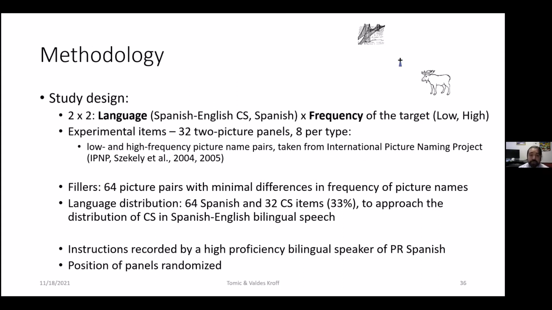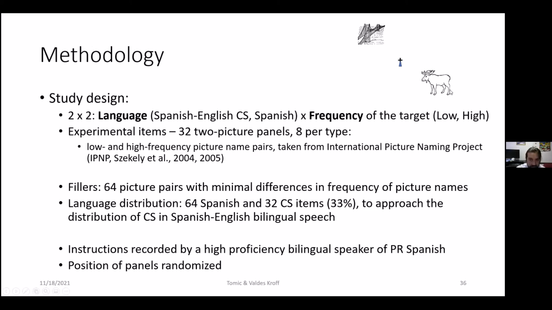In this case, we're operationalizing predictability as lexical frequency. There are many directions in which this work can and will go, but this is the first step in this direction. And we have just two items paired together, and you're going to see the design again. So you see here, we have a bridge. This would be considered the higher frequency item, and a picture of the moose, which in US English would be low frequency.